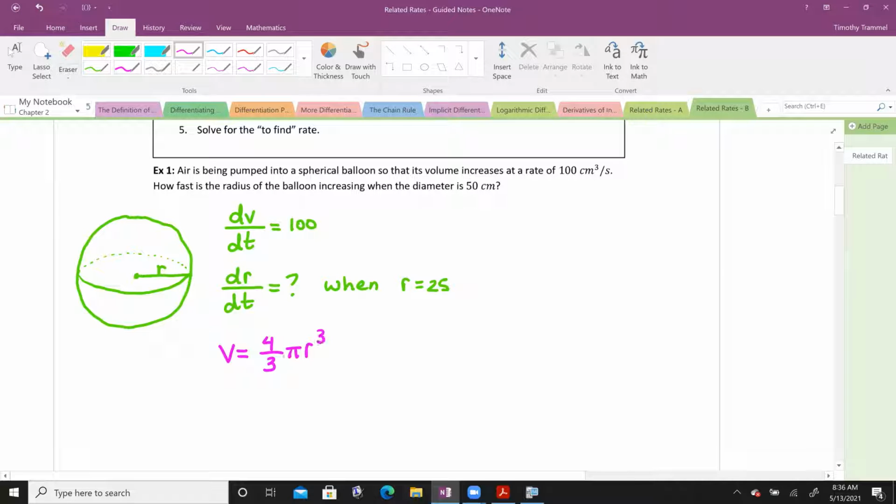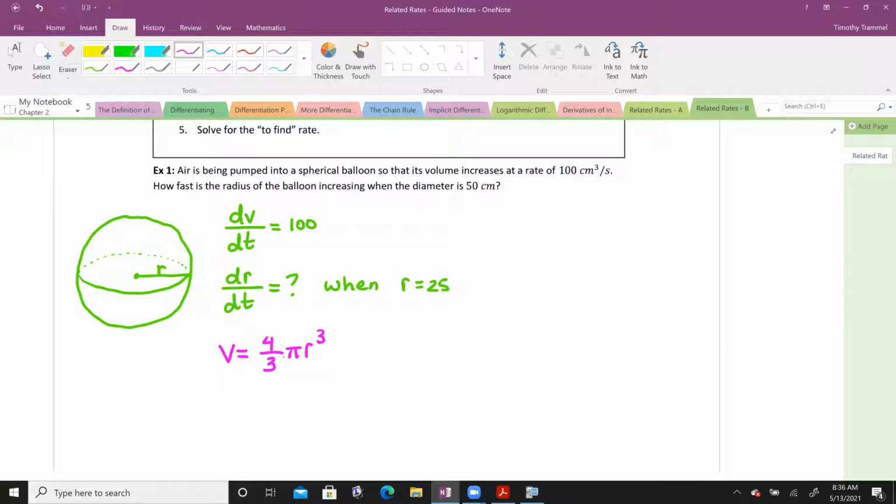Okay, and I want to ease your minds here a little bit. When it comes to exam day, our next exam, and let's say you have a related rates question, if it does require a formula that you probably don't have memorized, then I'm probably going to include it.